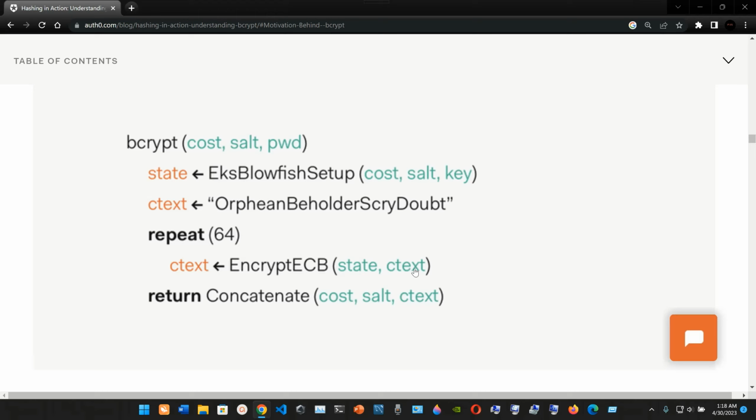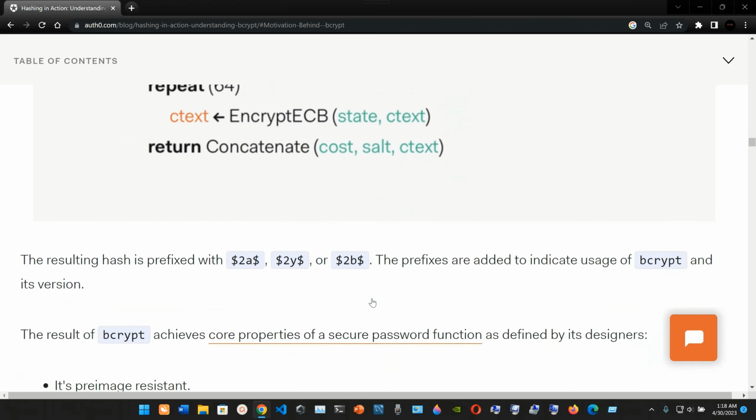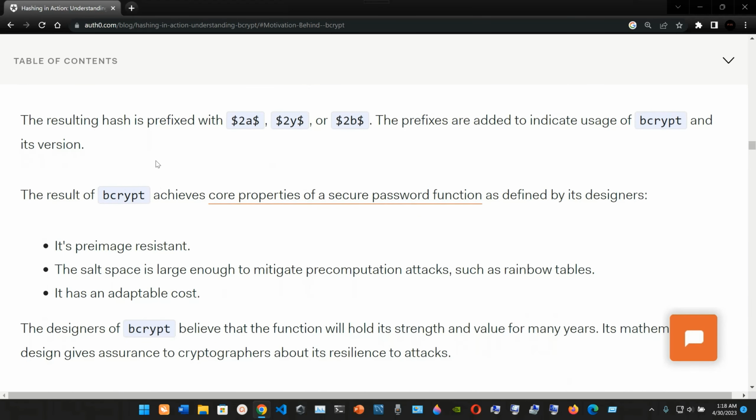It takes the state and ctext and returns the concatenation of the cost, the salt, and the ctext. The resulting hash is prefixed with $2a$, $2y$, or $2b$. The prefixes are added to indicate usage of Bcrypt and its version.